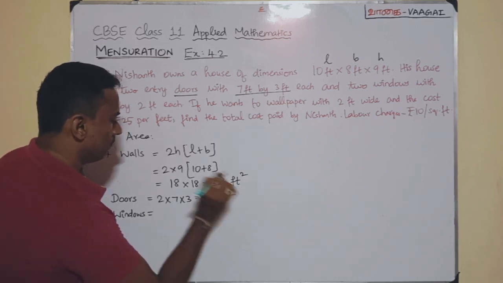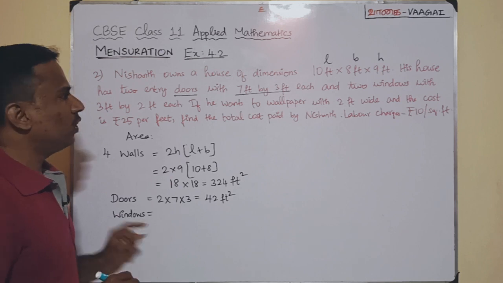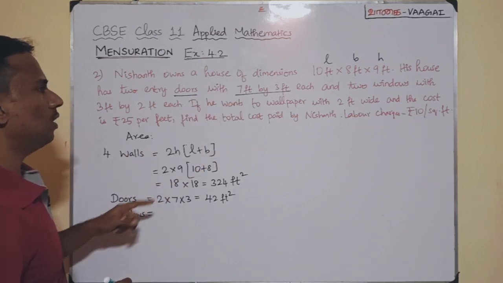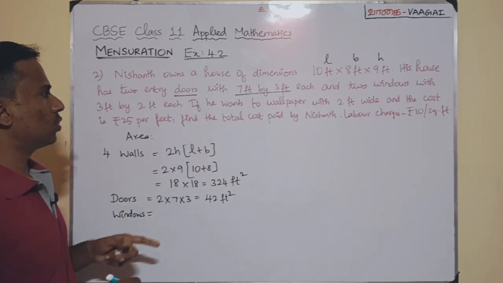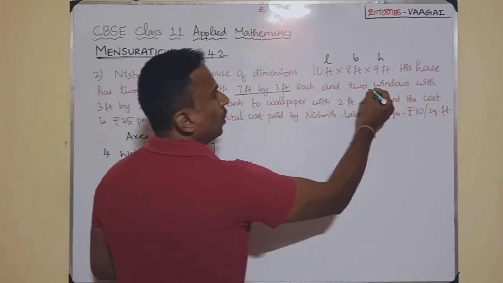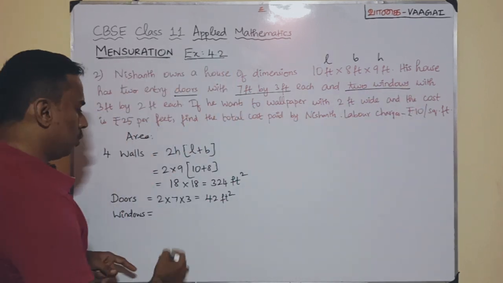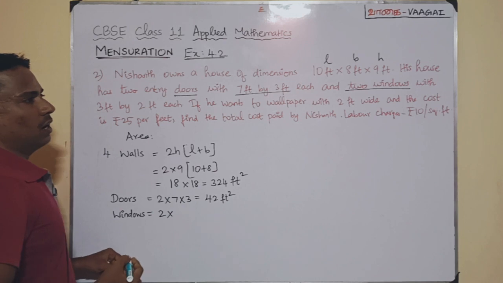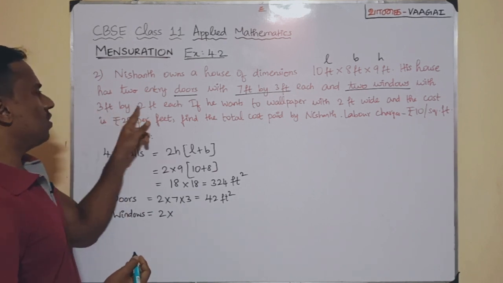So let's note it. And next, what about the 2 windows here? The windows area, there are also 2 windows, so 2 times, 3 feet by 2 feet each.